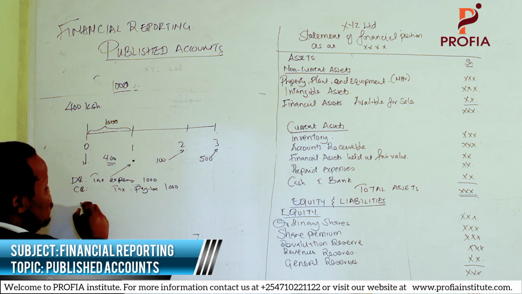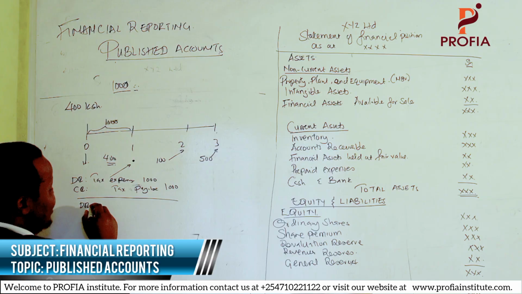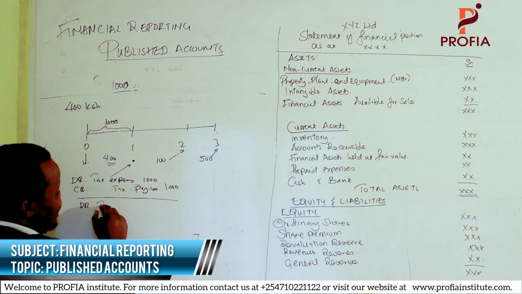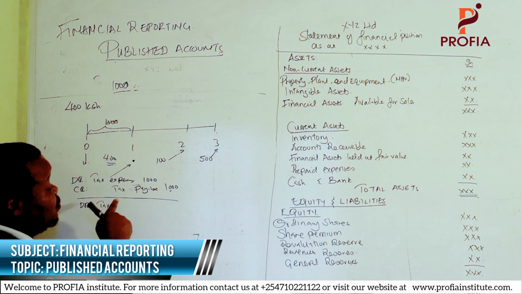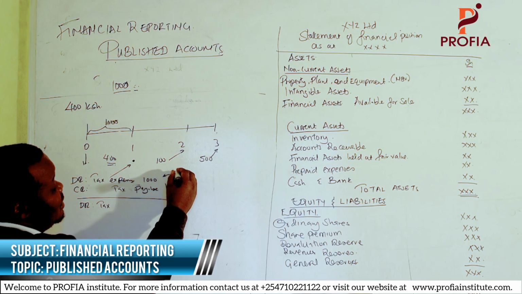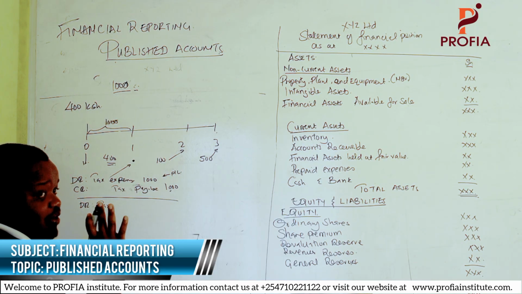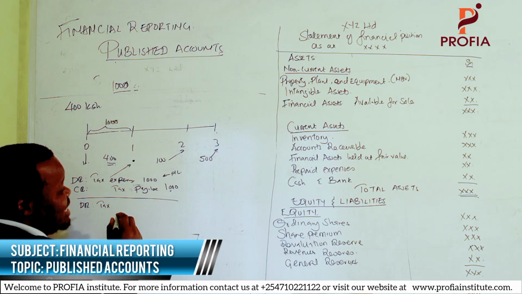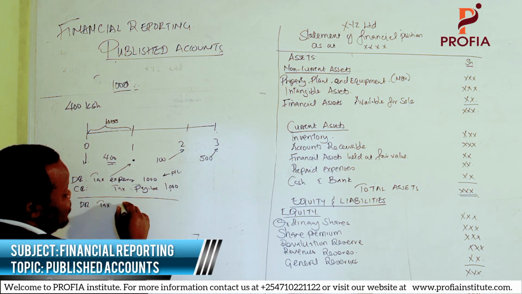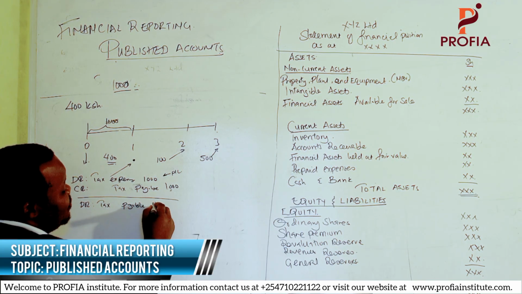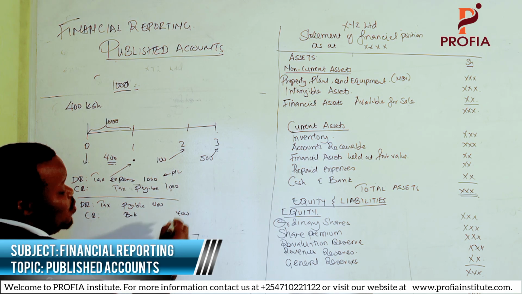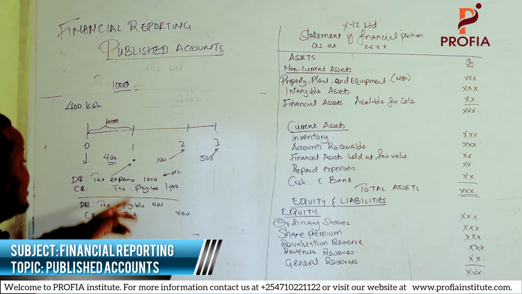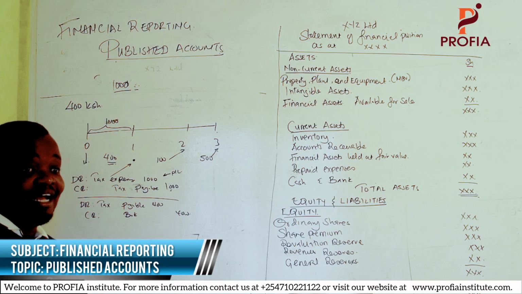KRA tells you to only pay tax, because now you have to remove it from here. You've already recognized it in the P&L as at that time. So these guys will tell you, just give me tax from your tax payable, just pay me 400. Then you're going to credit bank 400.